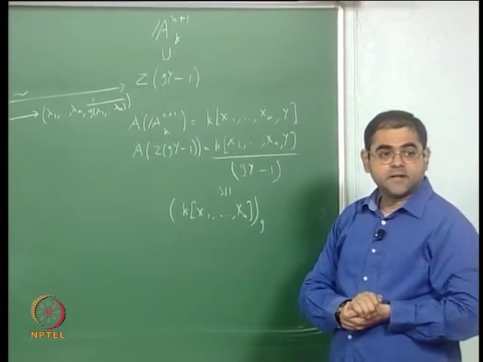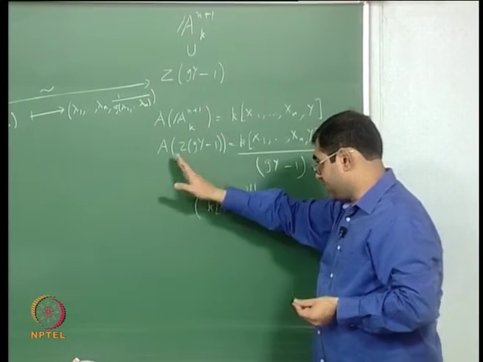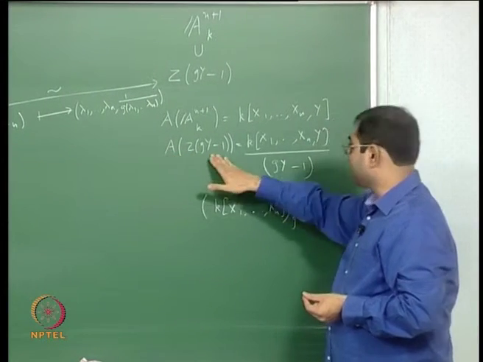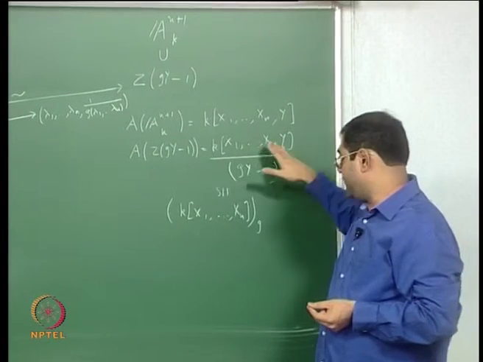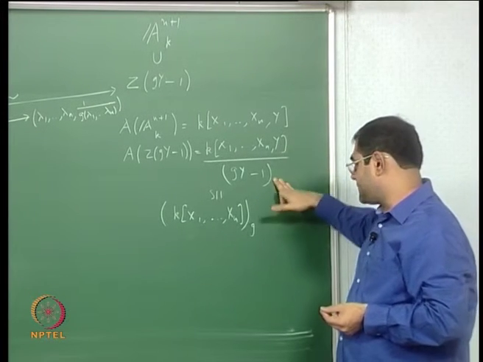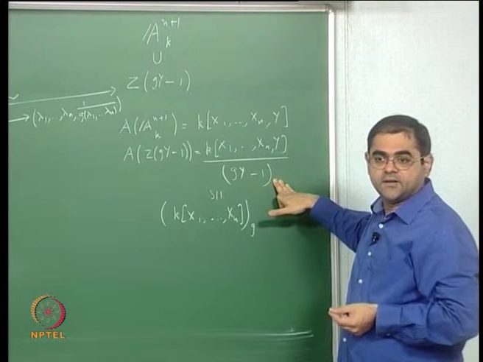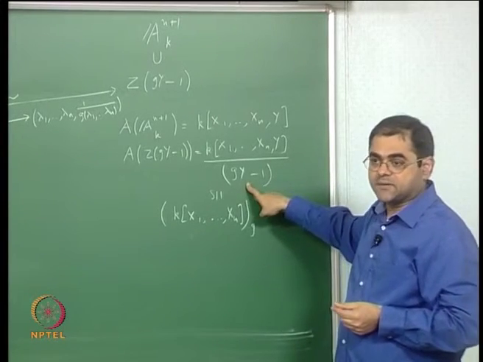of this n plus 1 dimensional affine space, and it's an irreducible closed subset, and its ring of functions is defined to be the ring of polynomials on the ambient affine space divided by the ideal of functions that vanish on that hypersurface, which is just the ideal generated by gy minus 1.